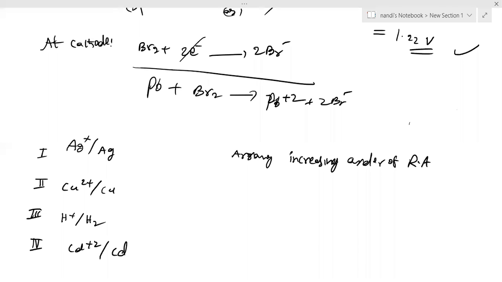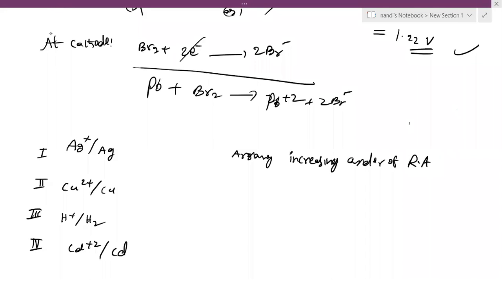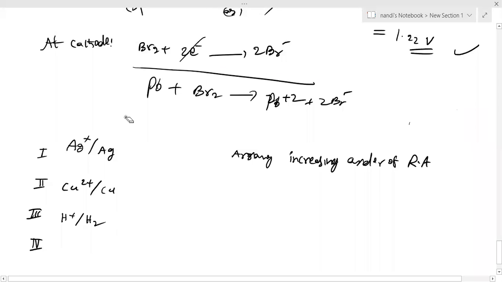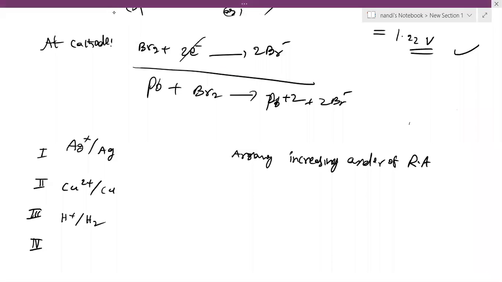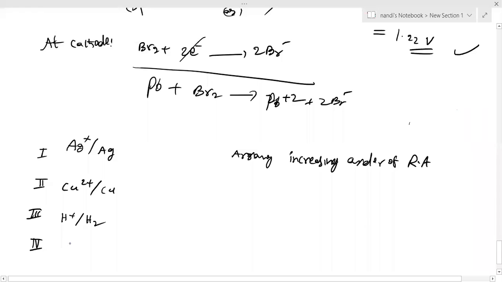Okay, cadmium is not given. Instead of cadmium, you can take chromium, Cr plus 3. So what's the answer? You can check the values from the NCERT book, then give your answers.